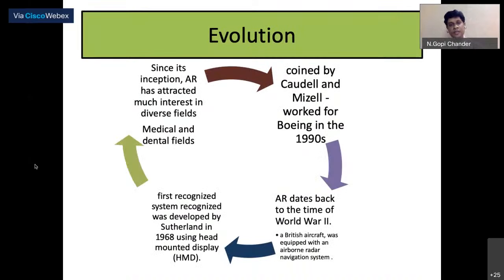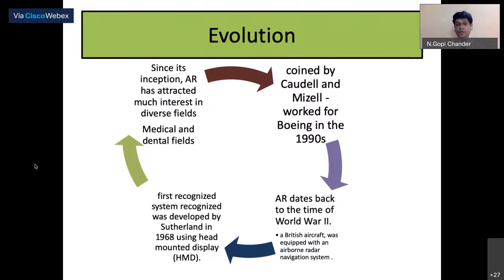You should also have an understanding about the evolution, because this is mandatory for you to understand present generation artificial intelligence and augmented realities. It was more widely used by Caudal and Missile in Boeing platforms in the 1990s. Of course, it has a history going back to close to World War II, in terms of equipment used in British aircraft, but the features are different.